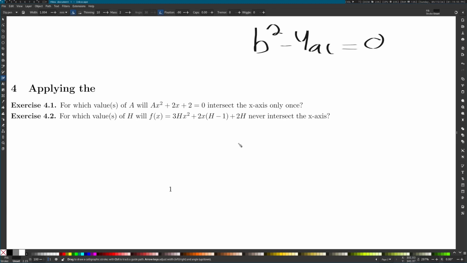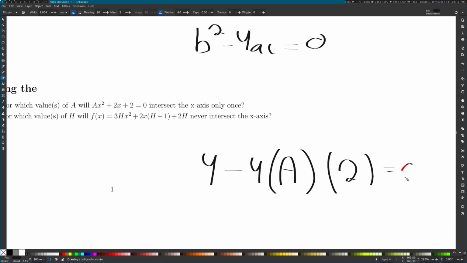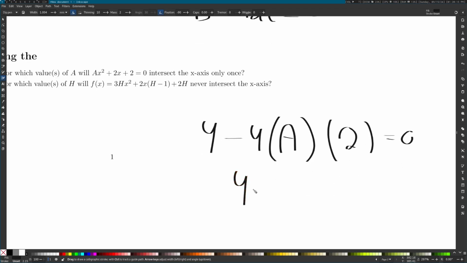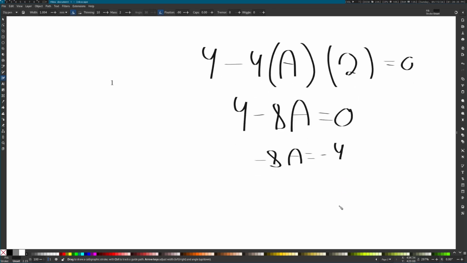So b squared is just going to be 4 because of 2 squared. So 4 minus 4 times a, capital A, to be specific, times c, which is 2. This is equal to 0. So 4 minus 8a is equal to 0. Negative 8a is equal to negative 4.